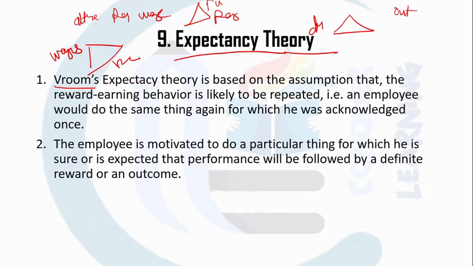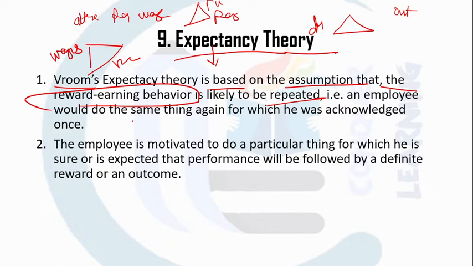You have to maintain your wages so that the employee desires it. The employee wants those wages. If you are able to bring those wages as their expectancy, you would be able to hold them. Vroom's expectancy theory is based on the assumption that reward-earning behavior is likely to be repeated. So if you are rewarding them for their behavior, it is repeated.